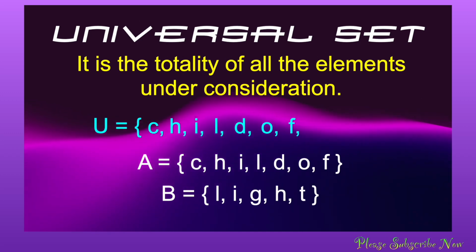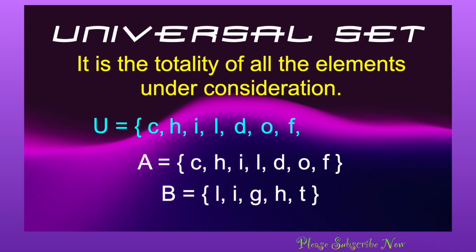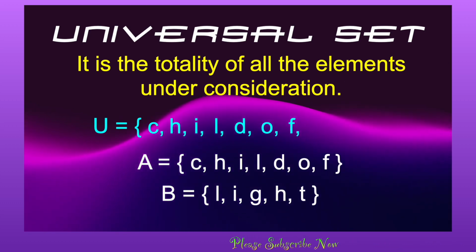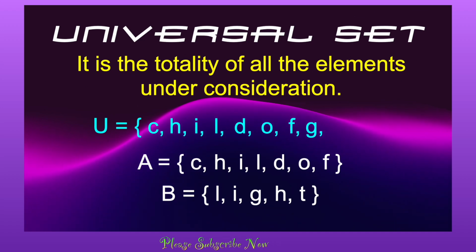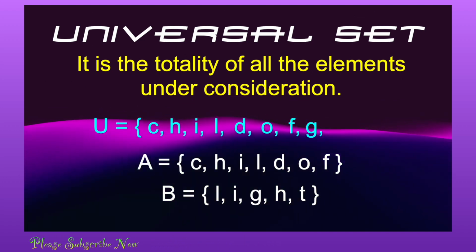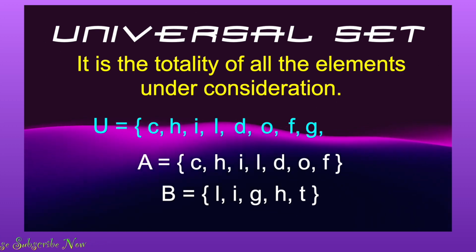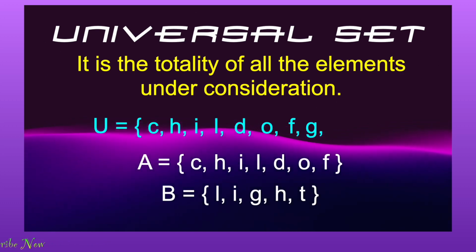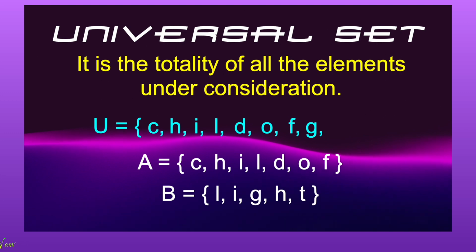We will not list I anymore. So we will go to G. Already have H in the list, so we will not list H, so we will go with T.